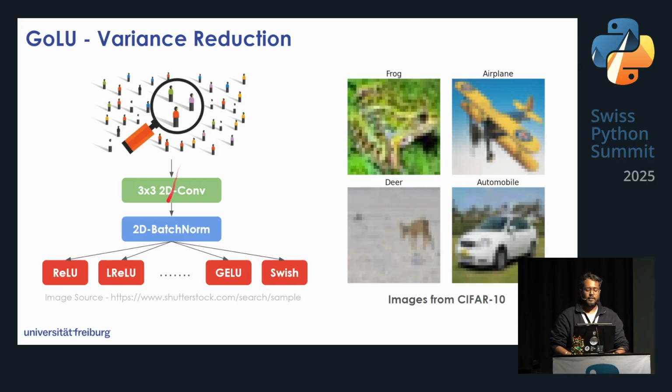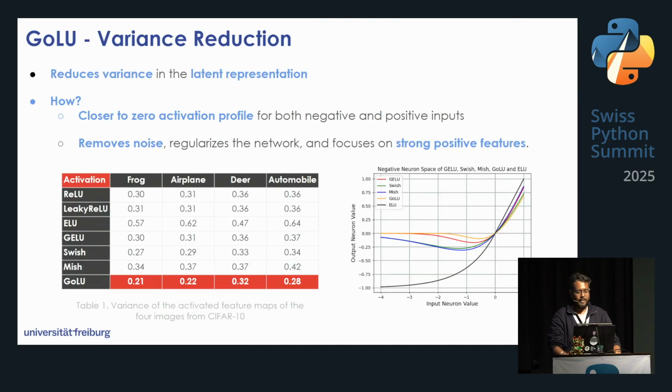We pass these images through a 3x3 2D convolution followed by batch normalization, and then we apply different activation functions and observe what the variance of the latent representation is. And to our surprise, we find that for all the 4 images, the variance of the latent representation with GoLU is less. So this directly implies that GoLU helps us cut through noise in the latent representation and retain only the strongest features that are necessary for making a prediction.